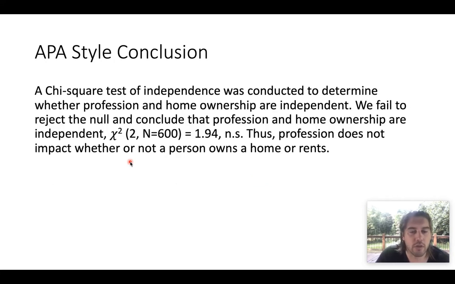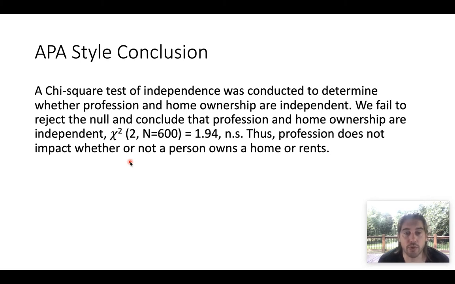And here's what your APA-style conclusion should look like. A chi-square test of independence was conducted to determine whether profession and home ownership are independent. So that's introducing our test and then introducing our research question.